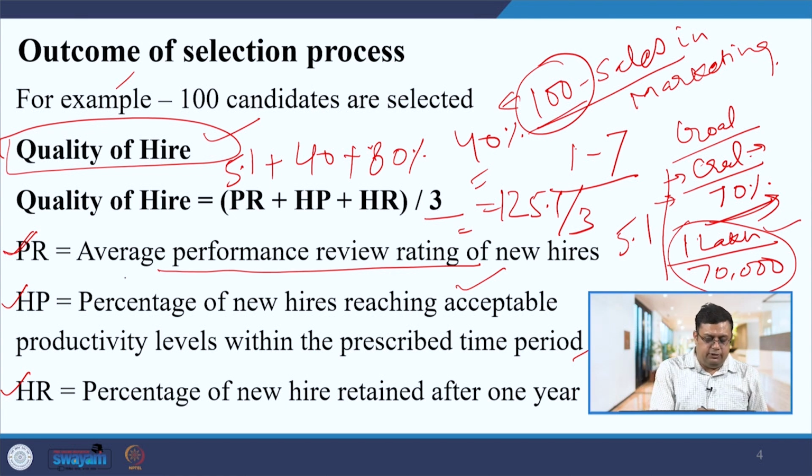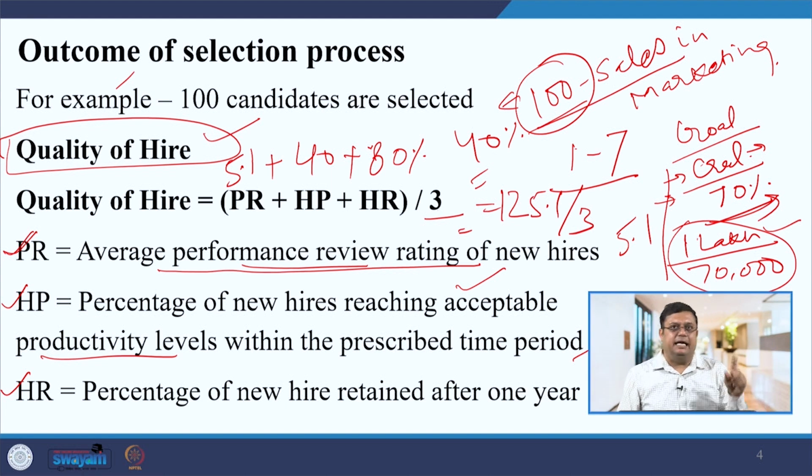So, first two components are related to the performance, right, productivity and performance review. So, related to the performance, you need to check whether their person job fit was poor or good or bad. That is what you can check during the interview. If it was good but still they are not performing, it means you need to rethink about the assessment test, because it indicates that your test is saying this candidate is good but still they are not able to perform.